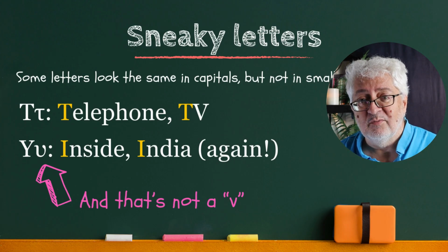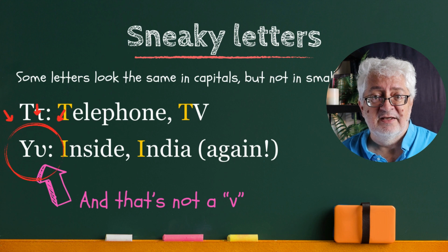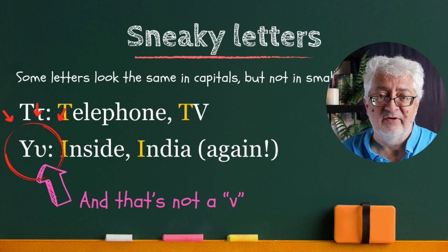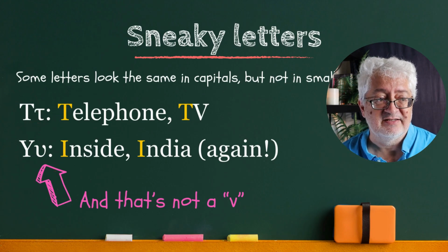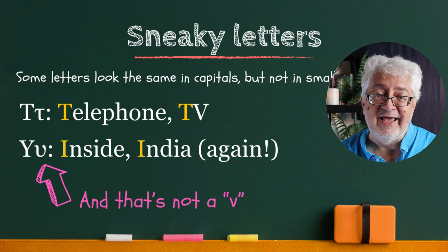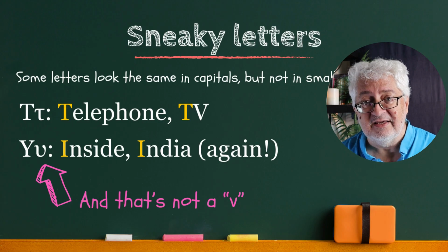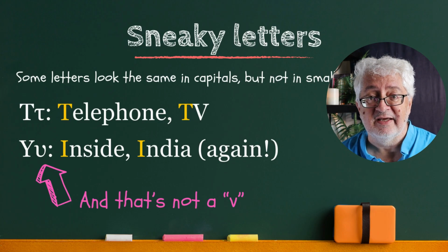And then you have what I already told you, the epsilon, which the capital you would call a Y in English. It's called an epsilon in Greek. And it's, again, an E sound, and take care that the small one is also not a V and is not a ni. It is an E, an E sound. And again, it's like inside or India.